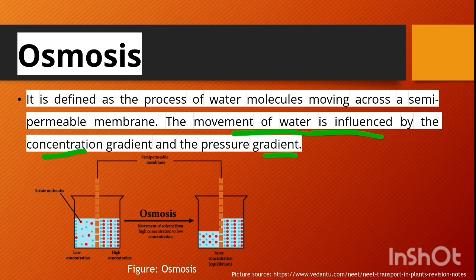The movement always occurs of a solvent. There is no movement of the solute, and the solvent moves from its higher concentration to its lower concentration through a semi-permeable membrane.